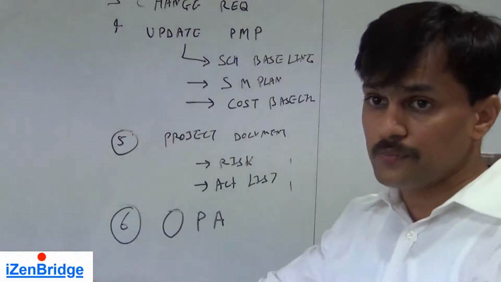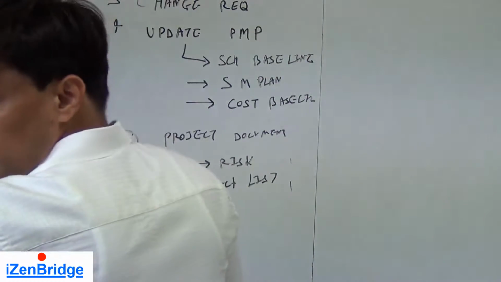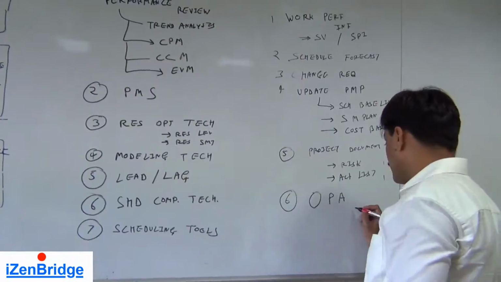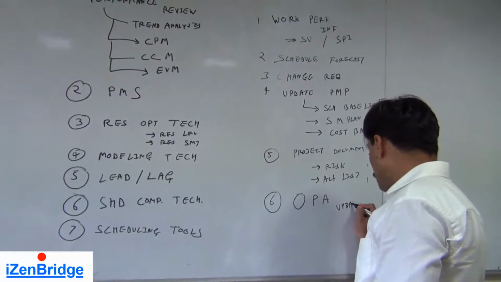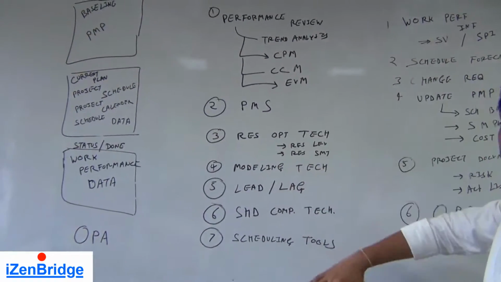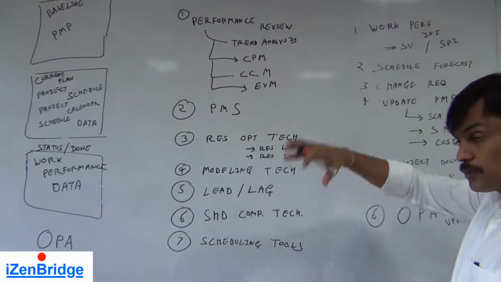Since it's a controlling process, it takes organization process assets as input, but it can also update organization process assets based on the lessons which we learned while controlling the project schedule.